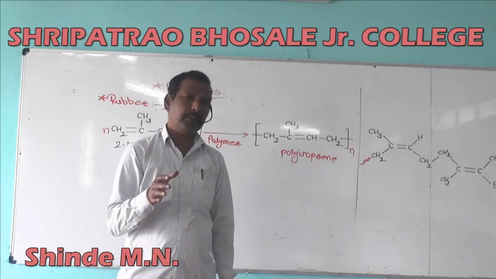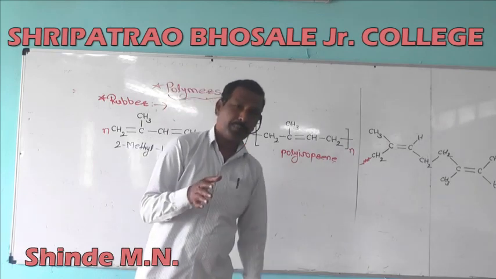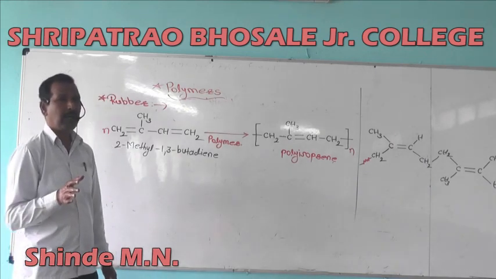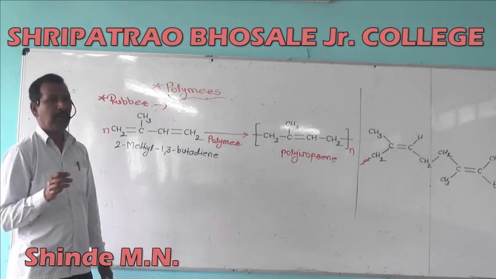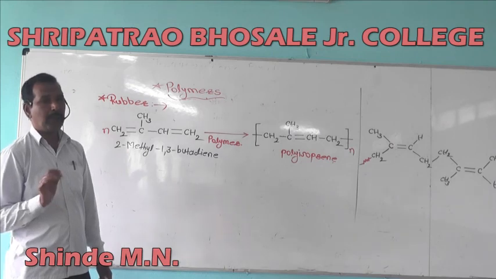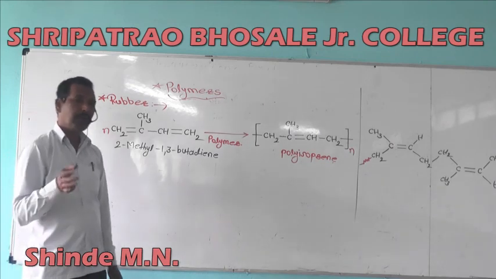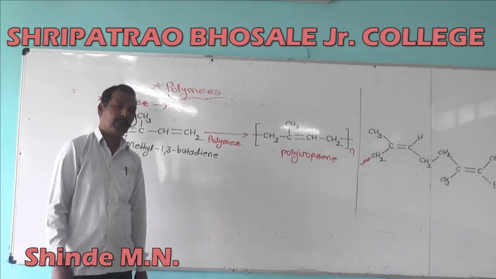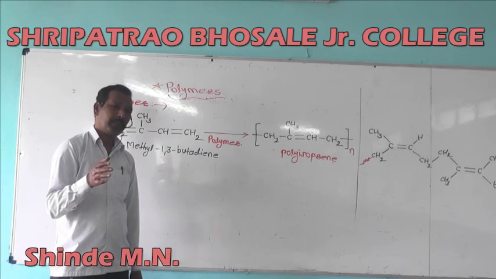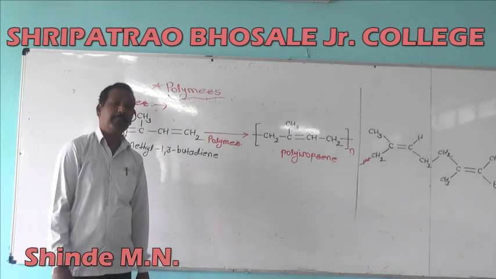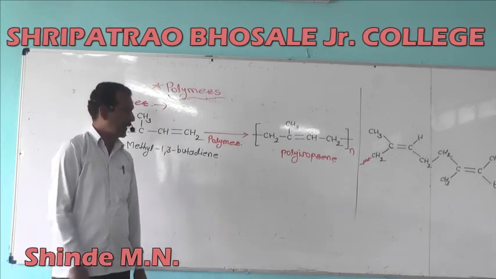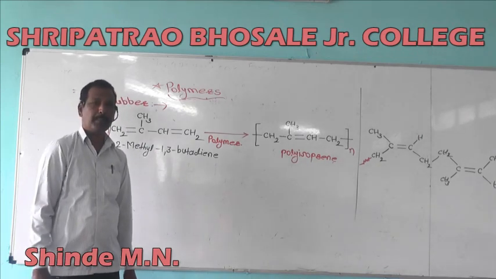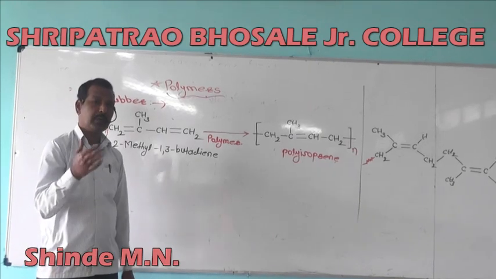So to form perfect rubber with high elasticity, high toughness and high tensile strength, what is done? The vulcanization of rubber is carried out. So the next part we are going to discuss is the vulcanization of rubber. We'll continue with that.